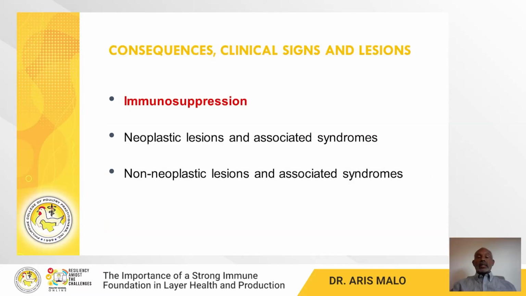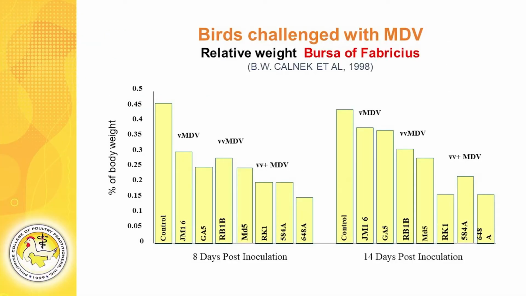So the consequences of infection with MDV will not only be the tumors and associated syndromes, but also immunosuppression. This is clearly seen in the next two charts. In the first one, we see the weight of bursas of birds that have been challenged with Marek's disease viruses of different levels of virulence.